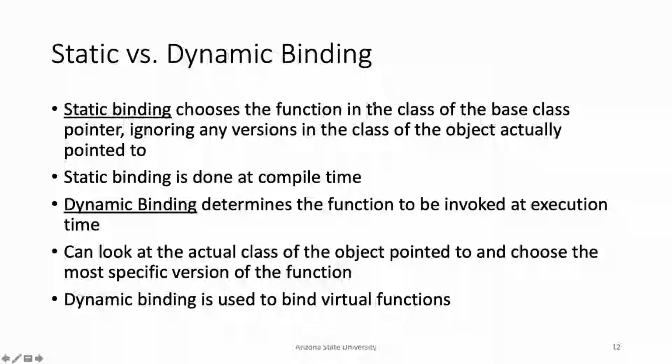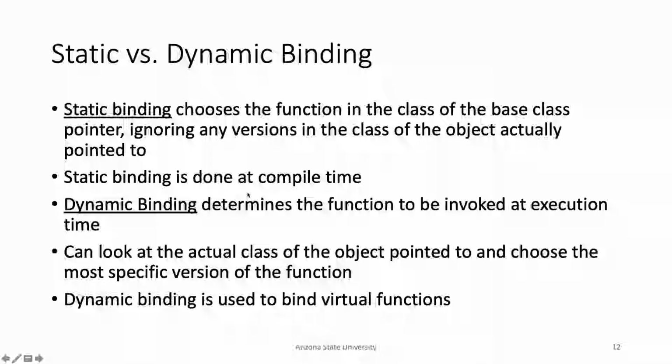So static binding just looks at the base class pointer and doesn't consider the fact of whether it's a subclass at all. So regardless of whether it's a cat or a dog object, if I declare it to be an animal on the left side, it will do whatever the animal code is, regardless of whether it's a cat or a dog object in reality. So this is done at compile time.